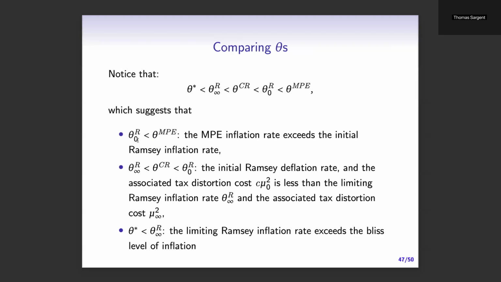It turns out that theta 0 is less than the Markov perfect equilibrium, and theta 0 infinity is less than that. Look at this ordering. I want you to stare at this and try to interpret it and understand it.